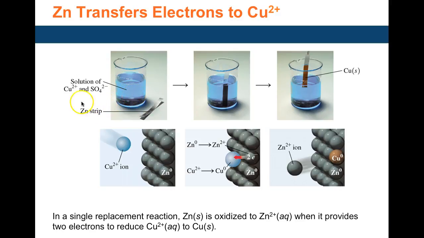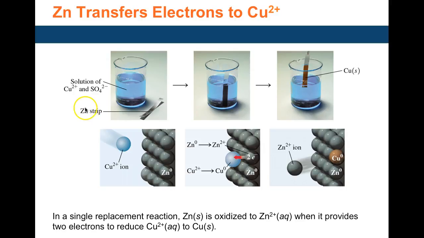That zinc is taking the place of copper, okay? Zinc in its elemental state has 0 charge, whereas the copper in copper(II) sulfate has a 2+ charge. It's a copper(II) ion in solution. So the zinc now loses 2 electrons to that copper, all right?